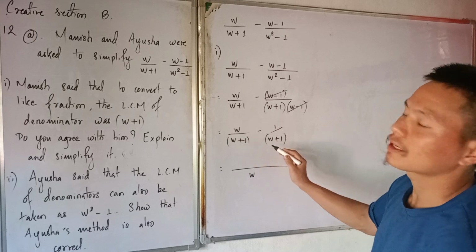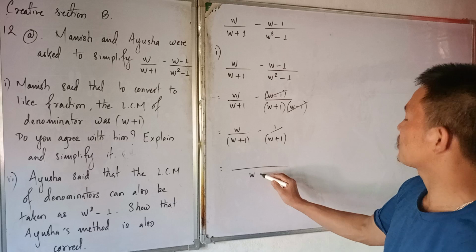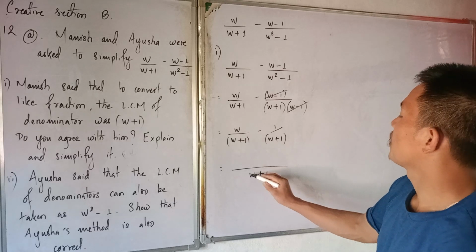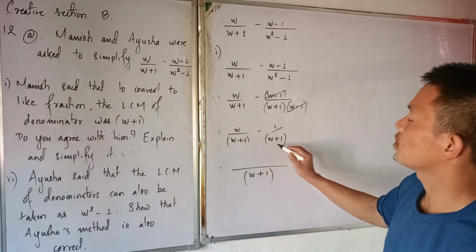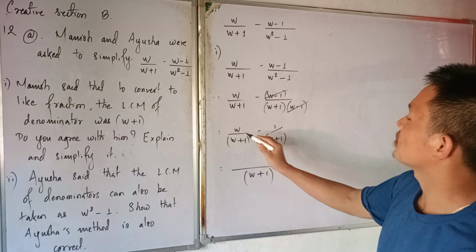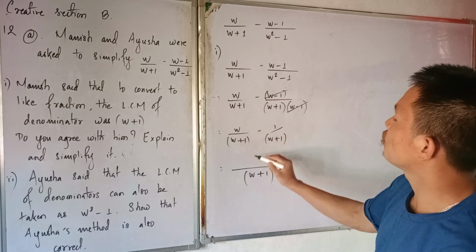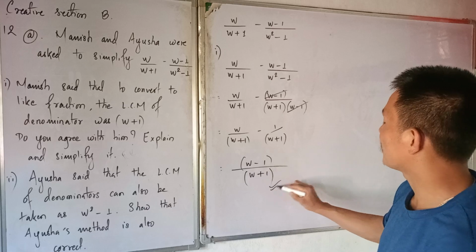Since the denominators are the same, it becomes like fractions, a like rational expression, whatever you want to call it. So w plus 1 will be the LCM in this case. While in case of like rational expressions, you can directly operate on the numerator, that is w minus 1, and this is the answer.